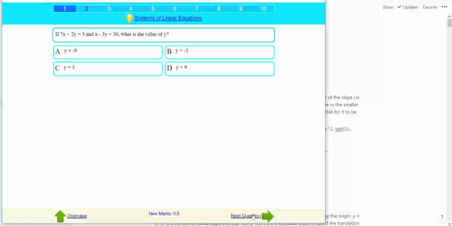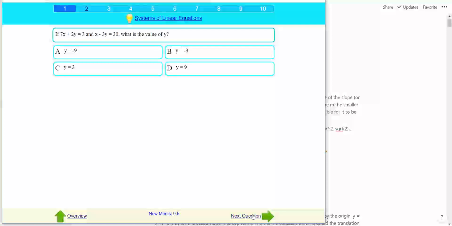So we multiply the second equation by -7. So we will have -7x plus 21y, and then 30 multiplied by 7, that's 210. Yeah. So we have this equation, right? And then we do the addition.